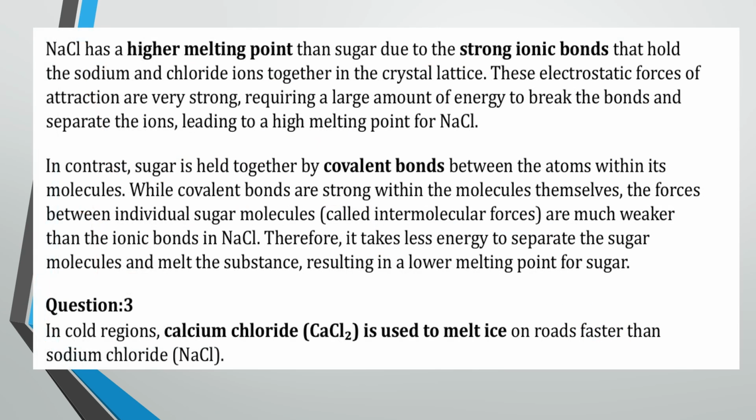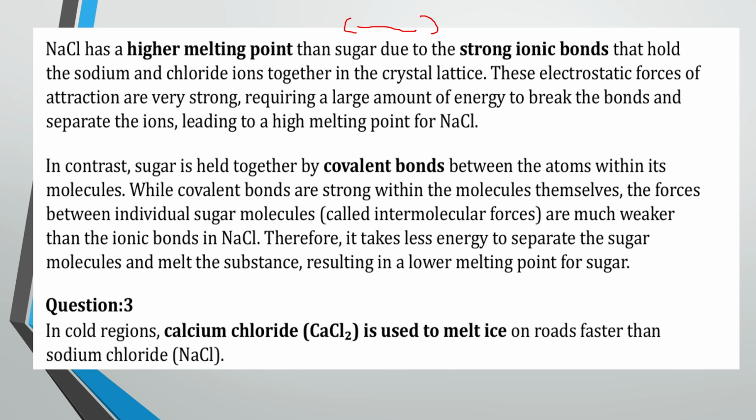Now remember, we have already said that ionic compounds have the highest melting and boiling points, because of the electrostatic forces of attraction holding their bonds as compared to any other compound.